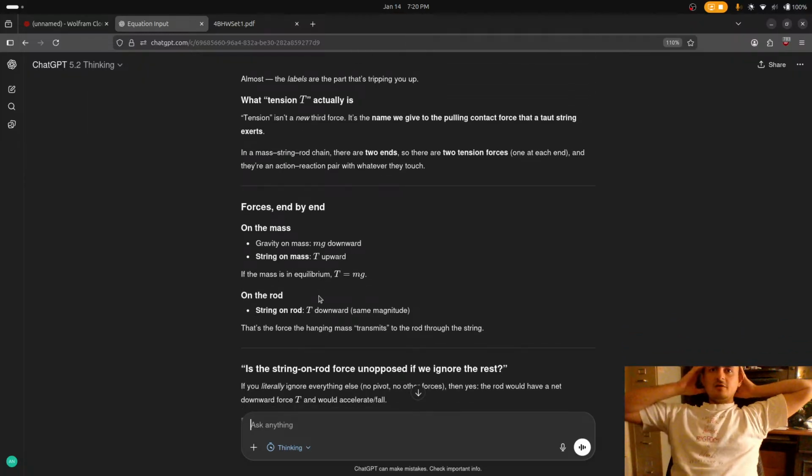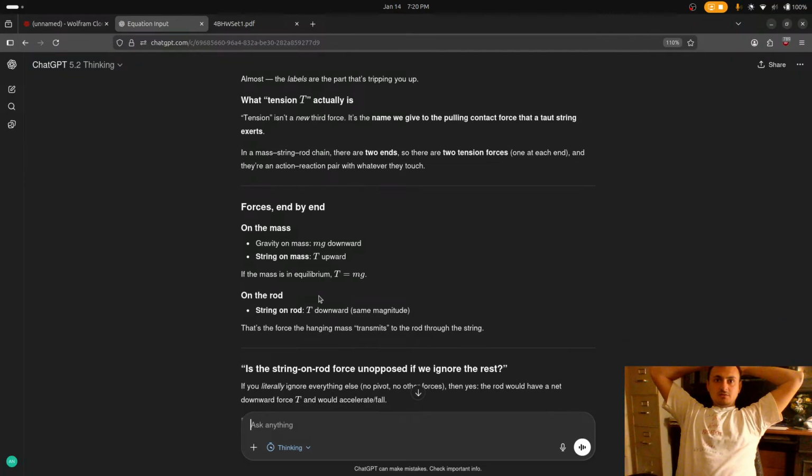Forces N by N on the mass. Forces on the mass: string on mass, and gravity on mass.